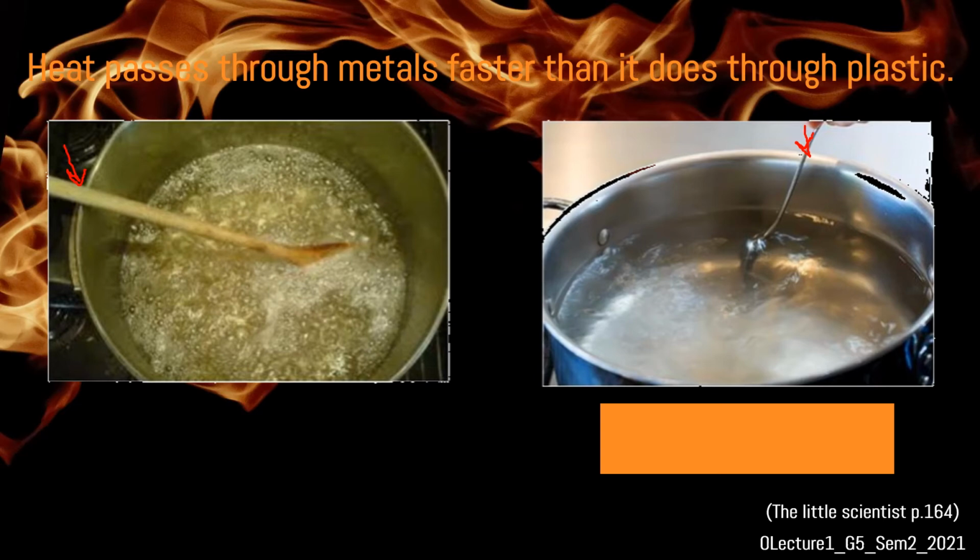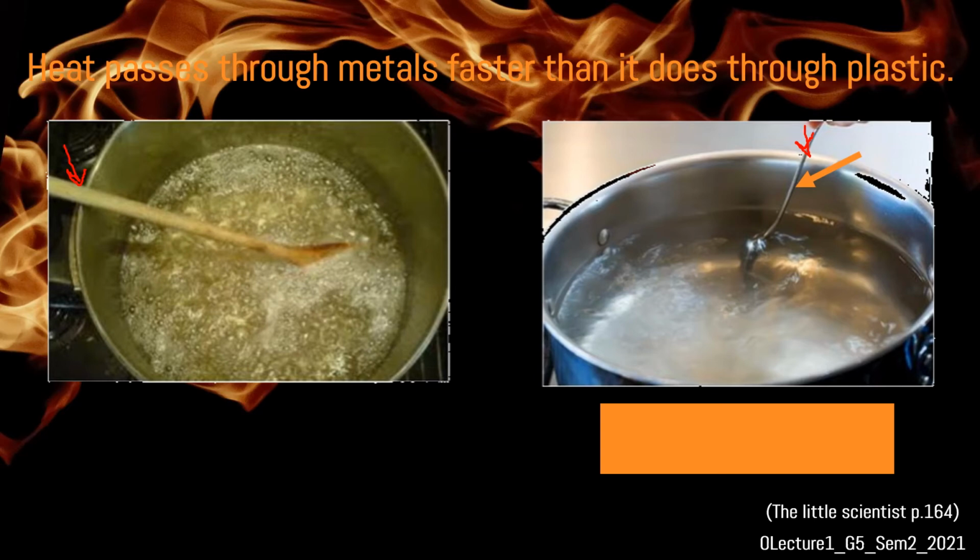In which case will it be easier for your mother to hold the spoon if both pots are on fire? So both pots contain boiling materials. The things in the pots are very, very hot, and you have different kinds of spoons. Okay? In which case will it be easier for your mother to hold the spoon?